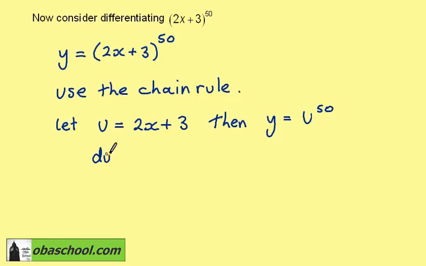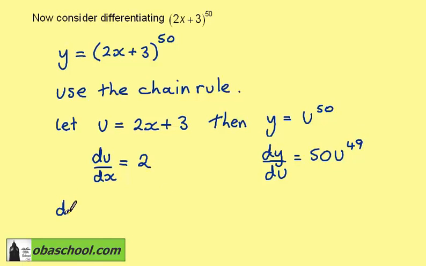We can now differentiate this. du/dx is just the differential of 2x plus 3, which is 2. And we can do dy/du, which is 50 times u to the power 49. We then form a chain.